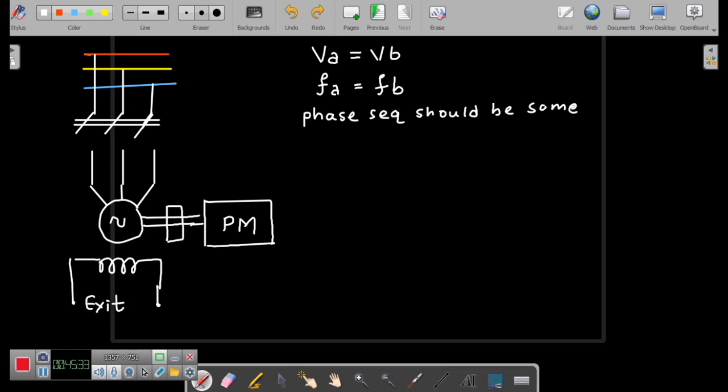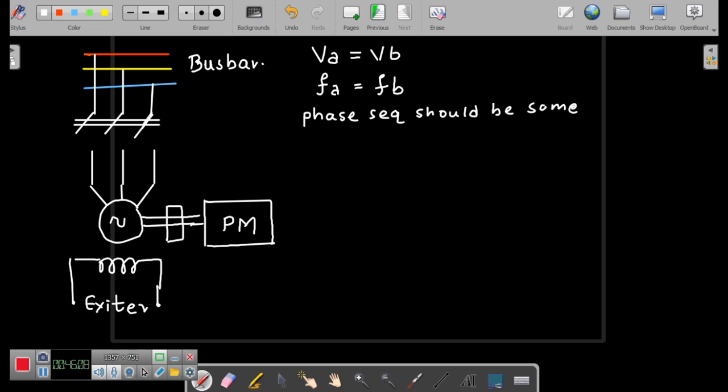This is the exciter. You know very clearly that this is the bus bar. So these three conditions are to be satisfied. One is that the incoming voltage of the alternator should be equal to the bus bar voltage. The second is that the frequency should be the same, and the phase sequence should be the same, right?